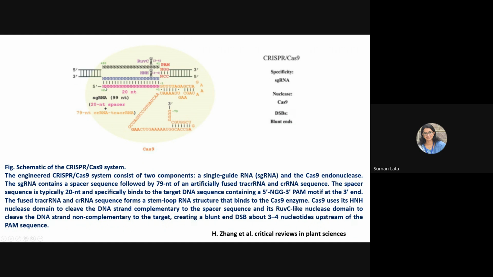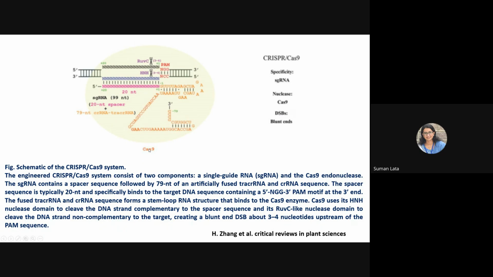One is the single guide RNA, which you can see here in magenta color. From here to here, the 20 nucleotide long part is the single guide RNA. And this oval shape is the Cas9. This bigger one is the Cas9, which is the endonuclease.